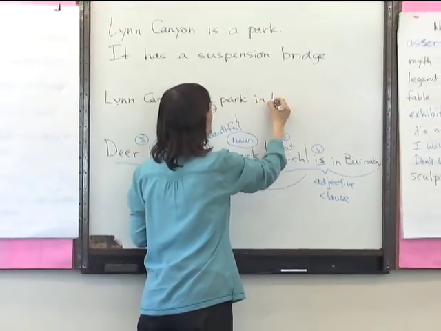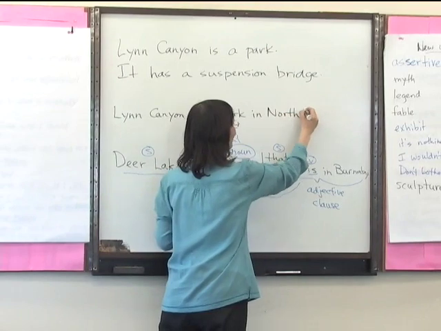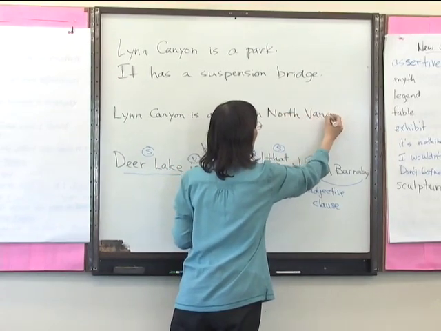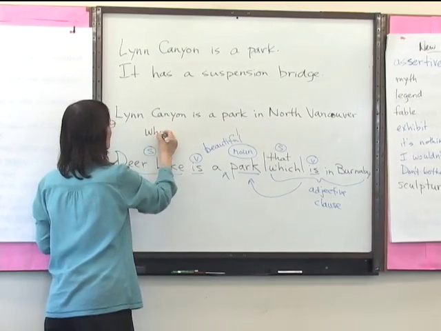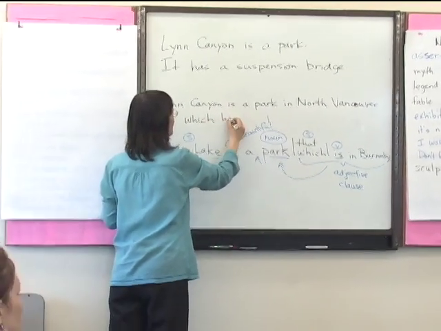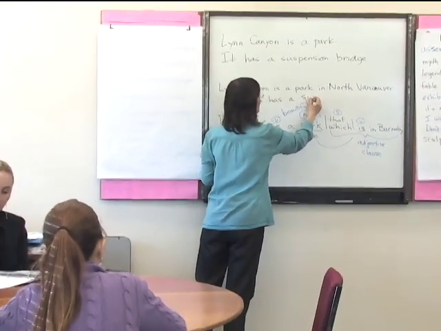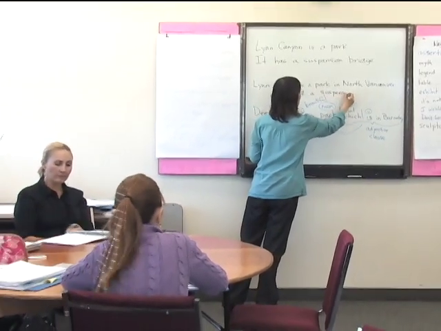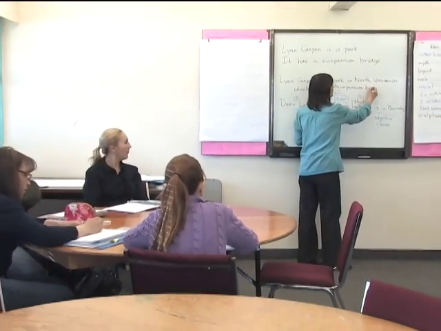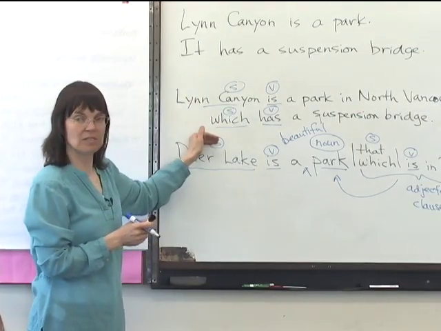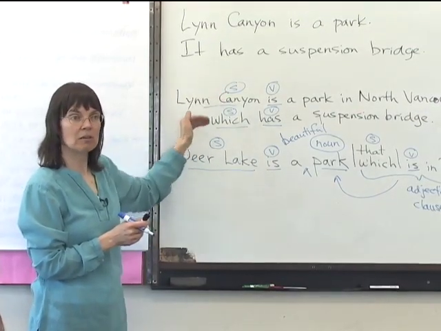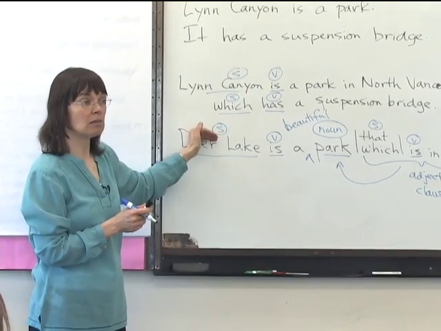Okay, here you could put this information. Which has a suspension bridge. Remember, both parts have a subject and verb, so both parts must be a clause.